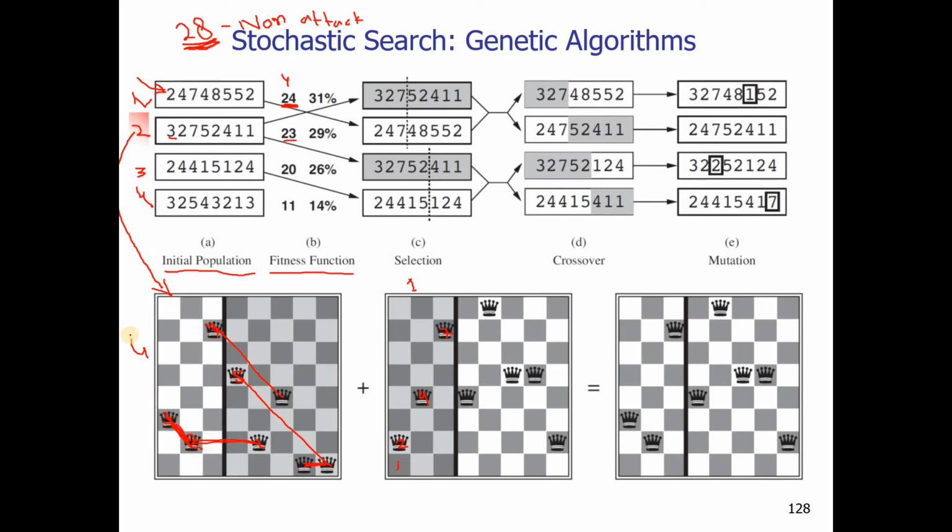This one is 5, so this is not 4. This one has 5 attacks, and the other one has 4 attacks. So board number 2 has 5 attacks. That's why its score is 23, which is 28 minus 5. We could avoid 28 attacks, 5 of them are on the board and not avoided, so a total of 23 are avoided. That's the score, that's the fitness.